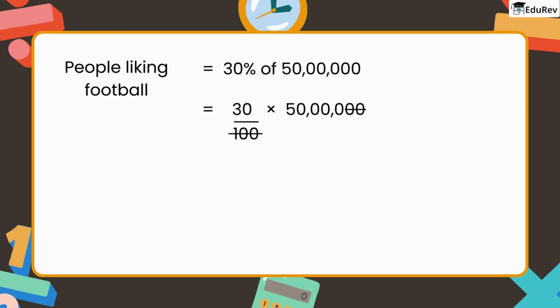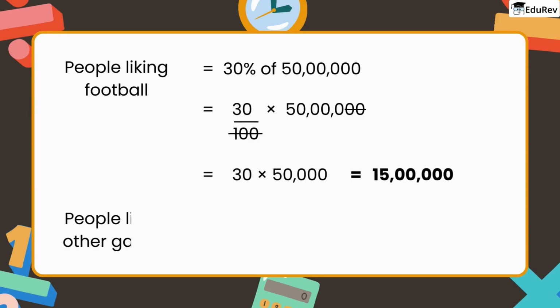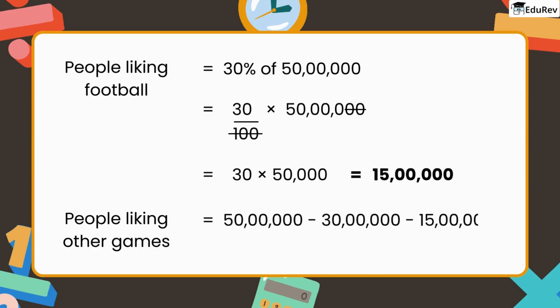Cancelling the zeros, we get 50,000 into 30, which is equal to 15 lakh. Remaining people like other games, so the number of people liking other games is equal to 50 lakh minus 30 lakh minus 15 lakh, which comes out to be 5 lakh people.